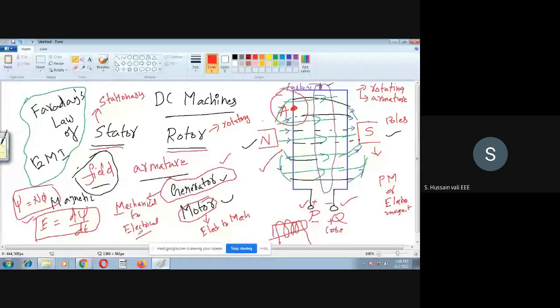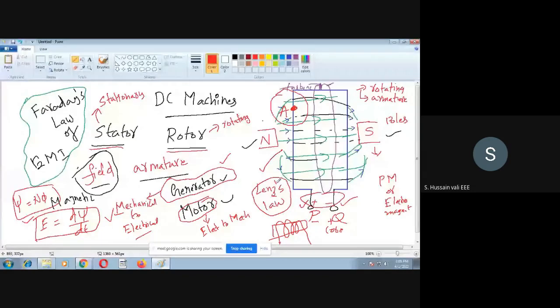Which is plus and which is minus, that polarity, is decided by another law. That law is Lenz's law. What does Lenz's law say?